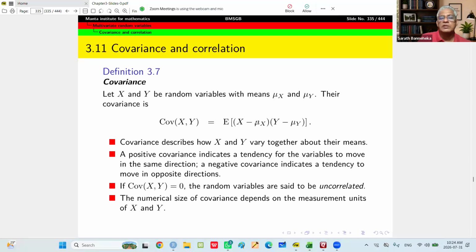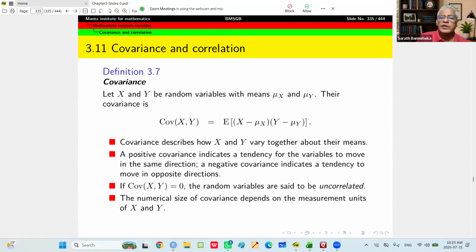So X will be, say, in kilograms, Y will be in, say, centimeters. So then this product will be having kilogram centimeters, right? So measurements of X and Y will be involved. And therefore, it is difficult to interpret, right? If you say 10 kilogram centimeters, it's very difficult to interpret.